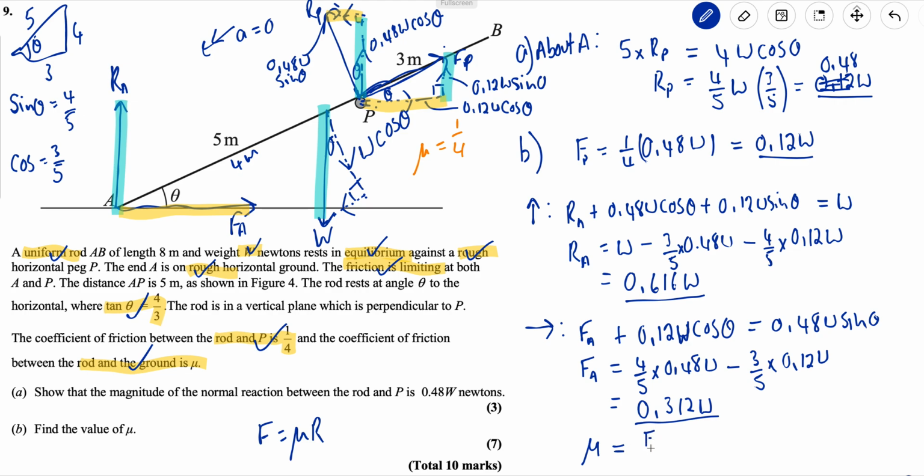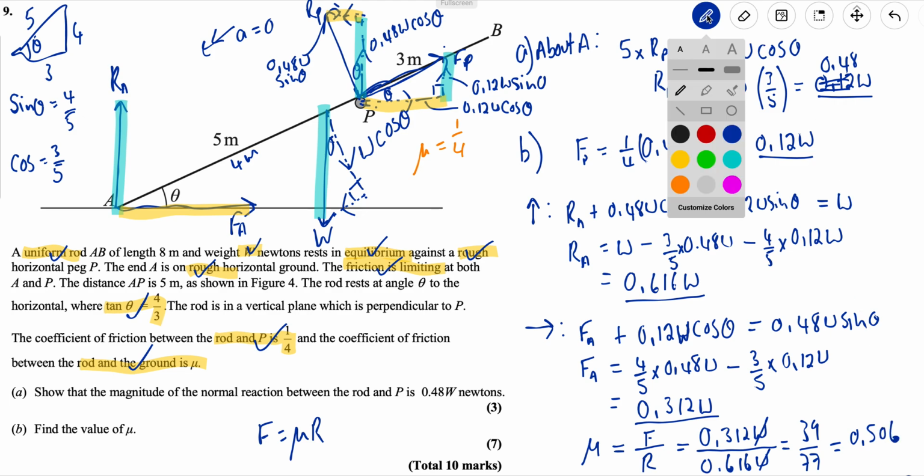Mu equals F over R, which is 0.312 W over 0.616 W. And that works out to 39 over 77, because the W's cancel out, or 0.506 to three significant figures.